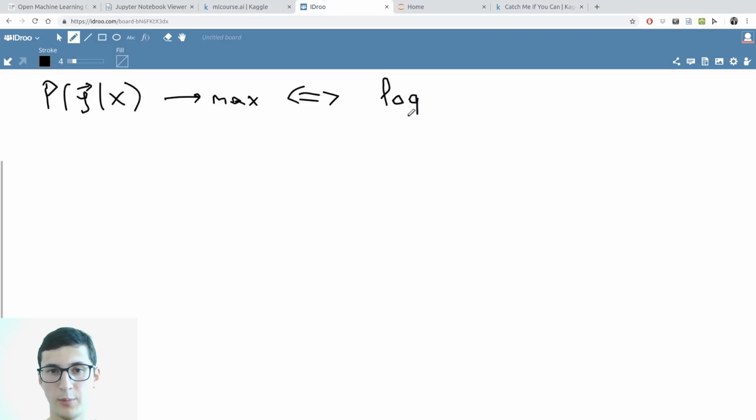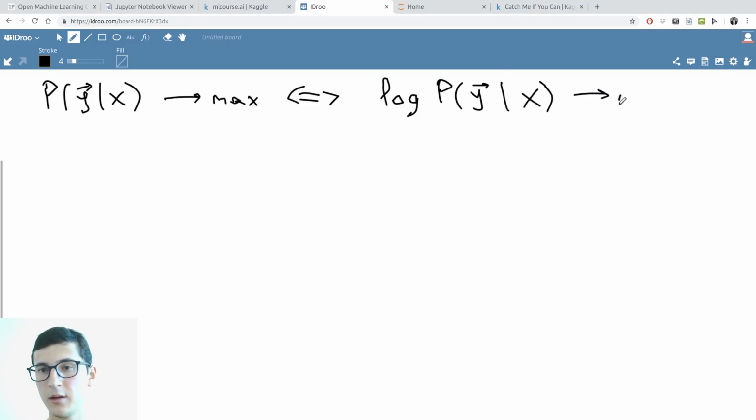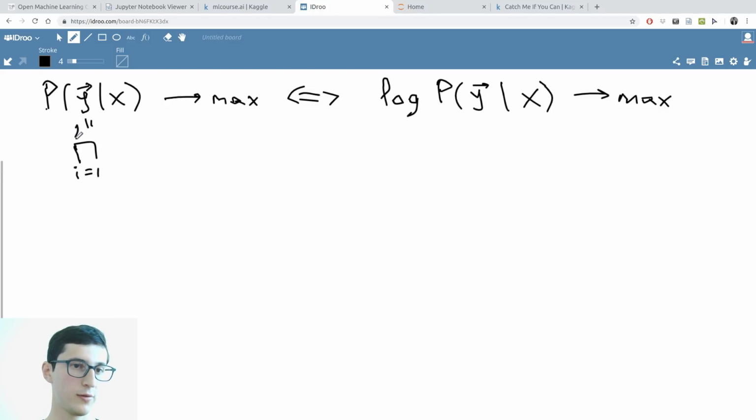It's not really obvious why it's the same, but the idea is that the logarithm is a monotonic function, and the maximum of the first function wouldn't change if we apply a monotonic function. If this probability is a big product over i from 1 to L of some expression, this will convert to maximization of a big sum of logarithms.